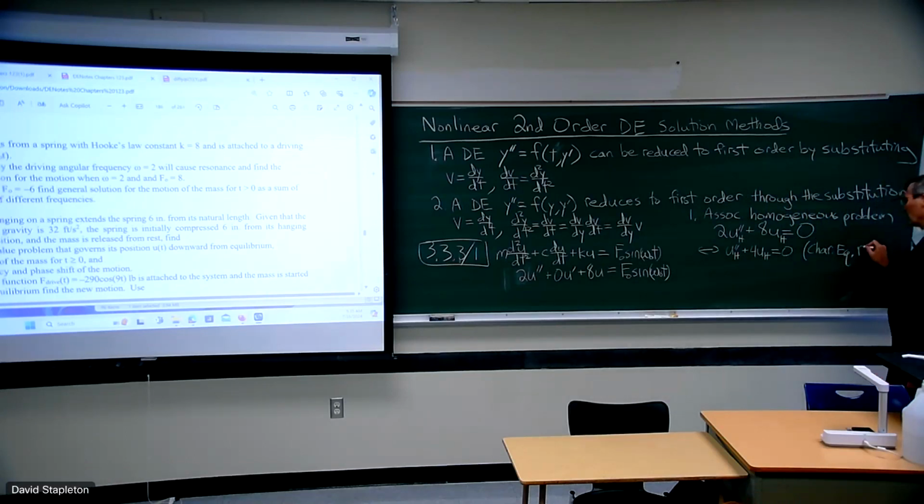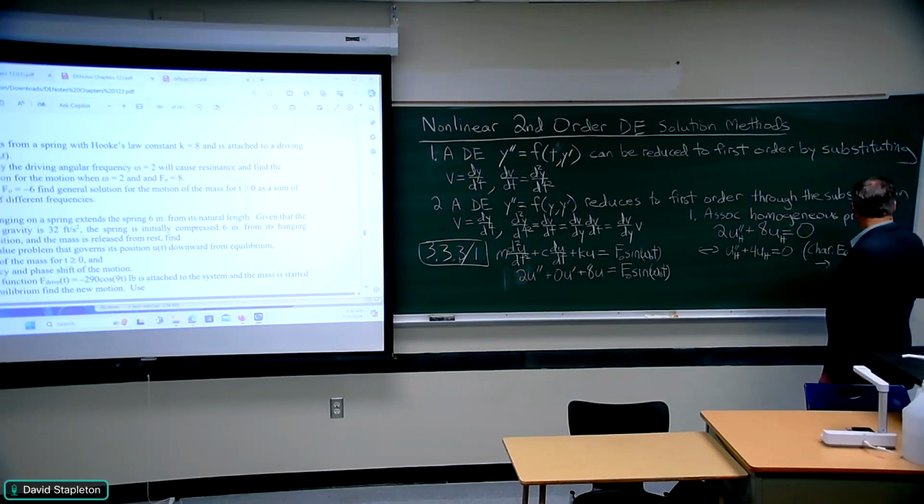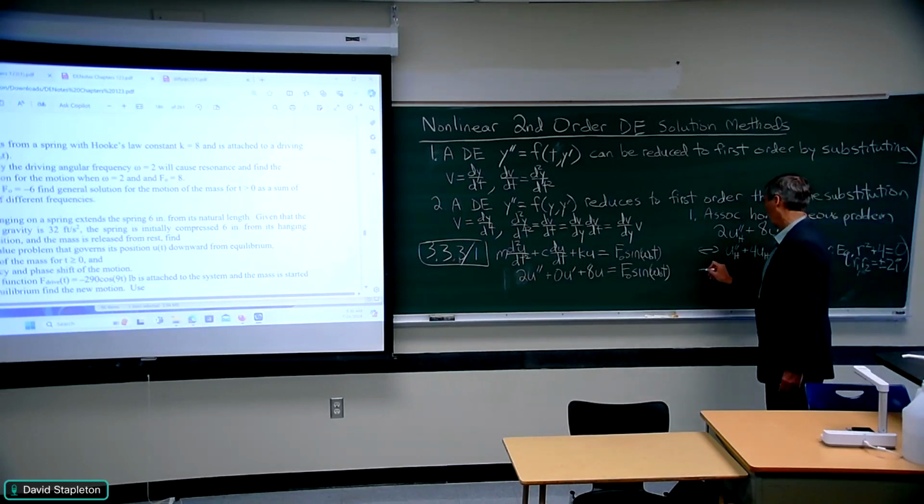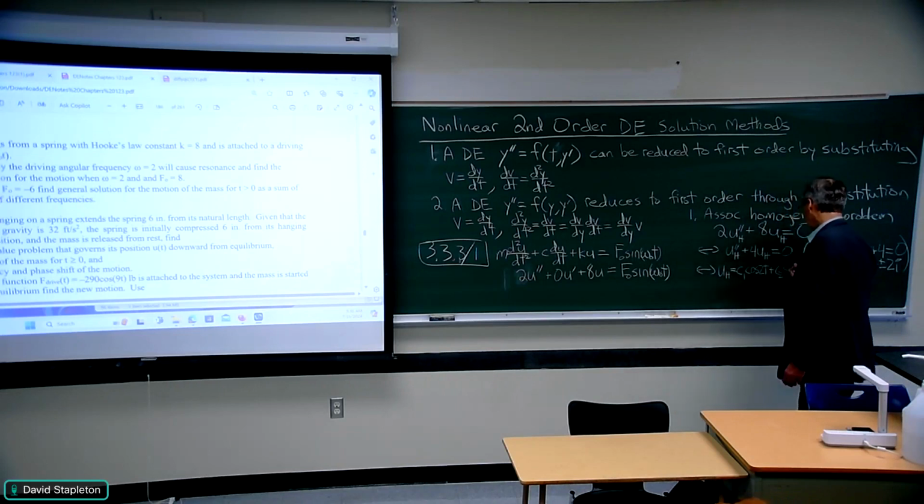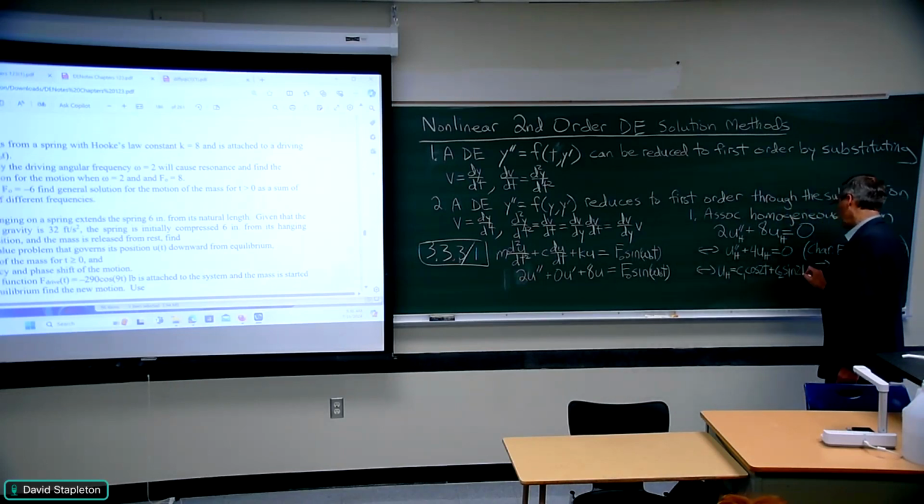replacing u double prime with r squared and u with 1, r squared plus 4 equals 0. That tells you that you have two solutions, r1 and r2, are plus or minus 2i. That indicates that the general solution is u_h equals an arbitrary constant c1 times cosine 2t plus an arbitrary constant c2 times sine 2t, right?